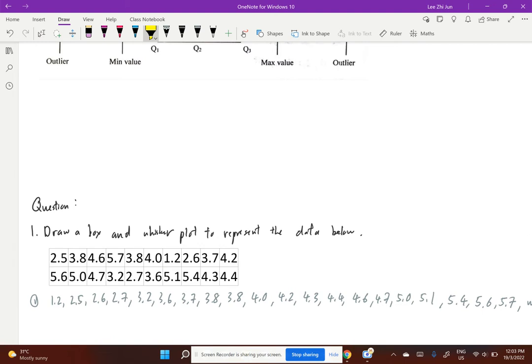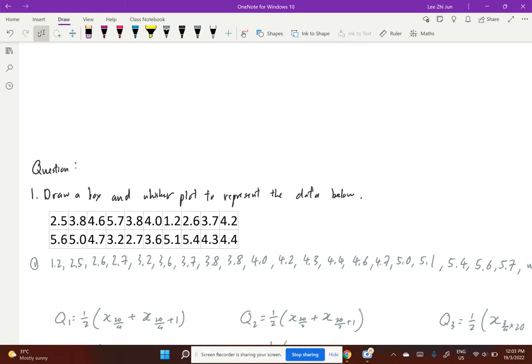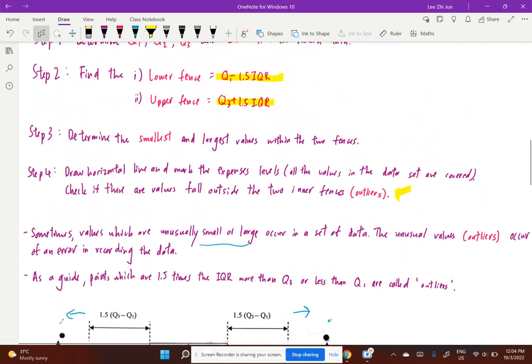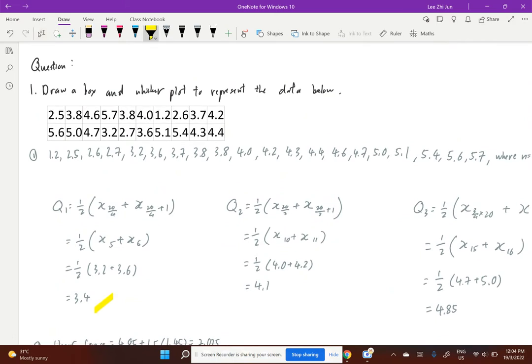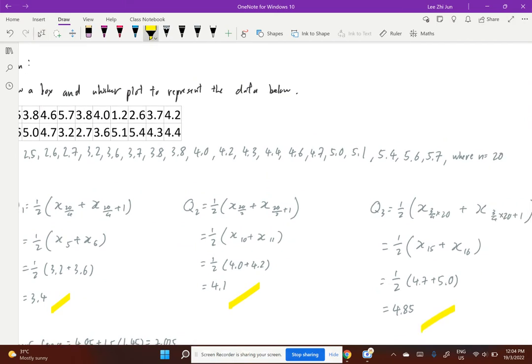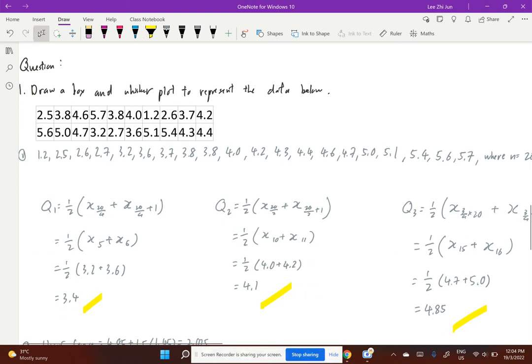This is the first step: I arrange it and I find Q1, Q2, Q3 and the interquartile range. Q1 is 3.4, Q2 is 4.1, Q3 is 4.85. Q1 is from the fifth and sixth values. The Q2, 7, 8, 9, 10, 11. And the Q3 is here.